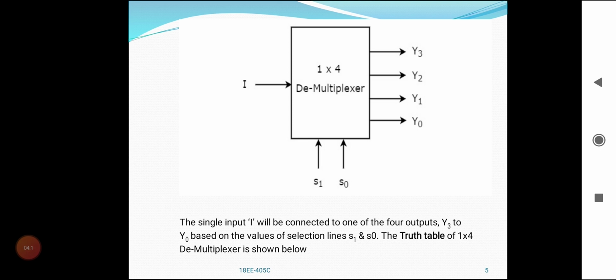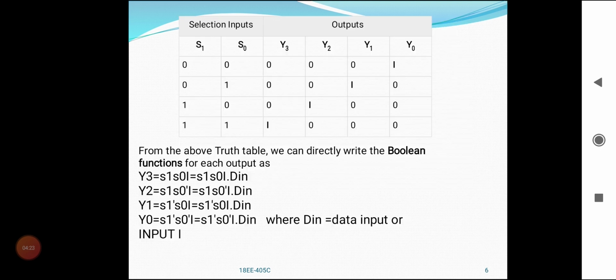The truth table of the 1 to 4 demultiplexer is shown below. Selection inputs are S1 and S0. Outputs are Y3, Y2, Y1, Y0. 00 means output Y0 is selected, so the outputs are 0, 0, 0, 1.